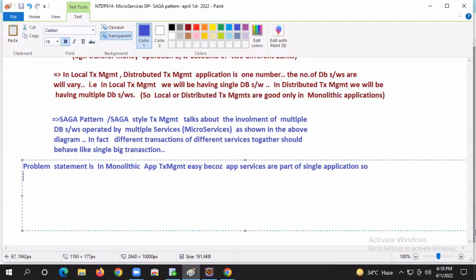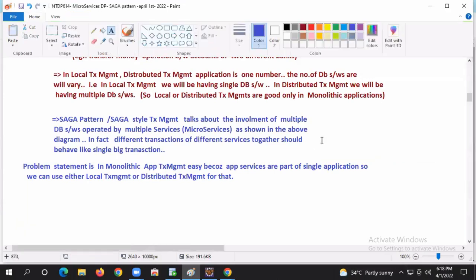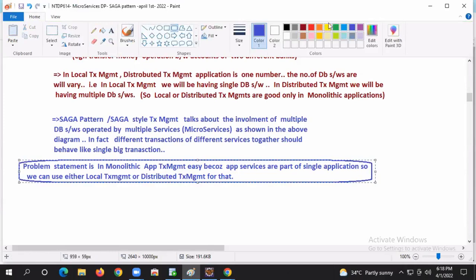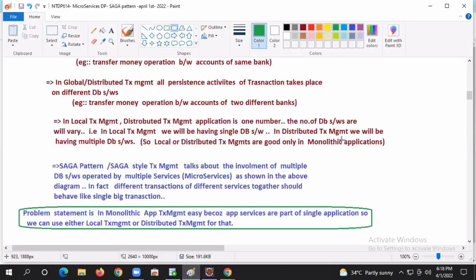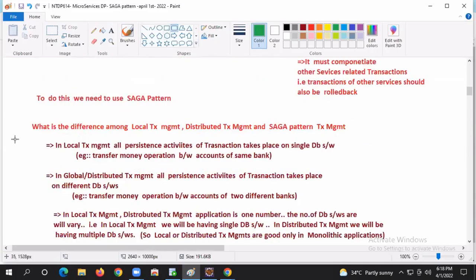So we can use either local transaction management or distributed transaction management for that. Are you with me, guys? Are you understanding my statement, boss? Yes, boss. Everyone comfortable, guys?